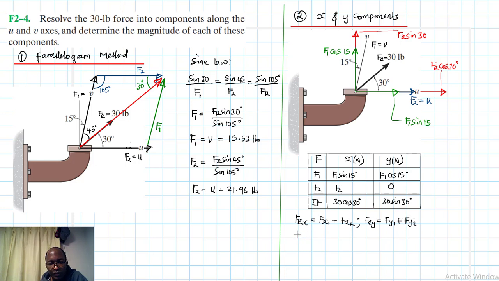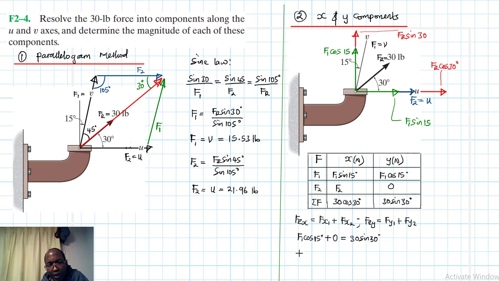I'll start with this equation because it's easier. F1 cos 15 plus 0 is equal to 30 sine 30.